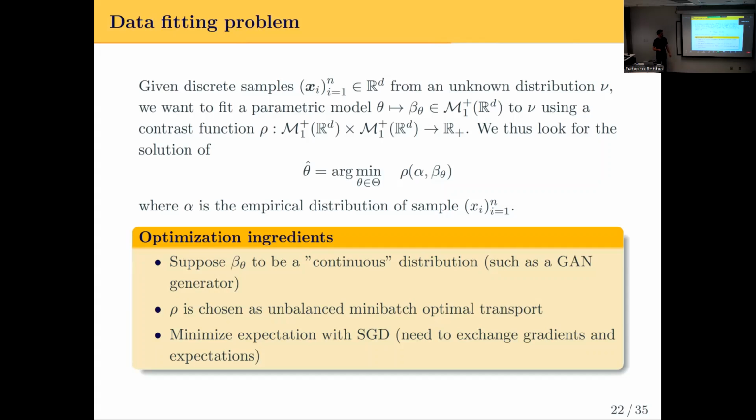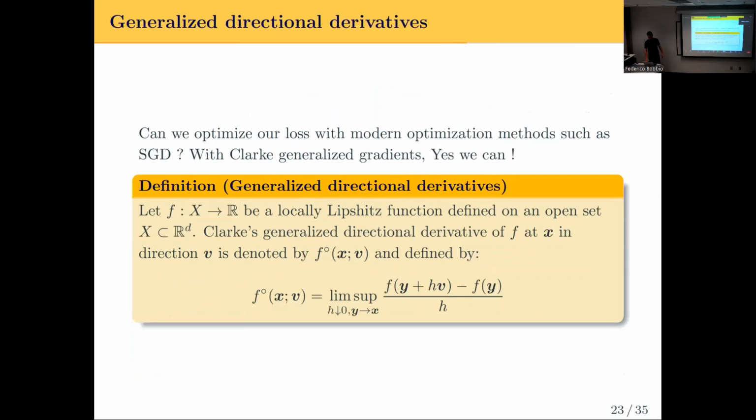And I want to find the best parameters of beta theta, which will minimize the unbalanced minibatch optimal transport cost. And so I would like to optimize this loss function with stochastic gradient descent. But to justify its convergence, I would need to exchange the gradients and the expectations. And to do that, I would like to use Lebesgue's differentiation lemma.